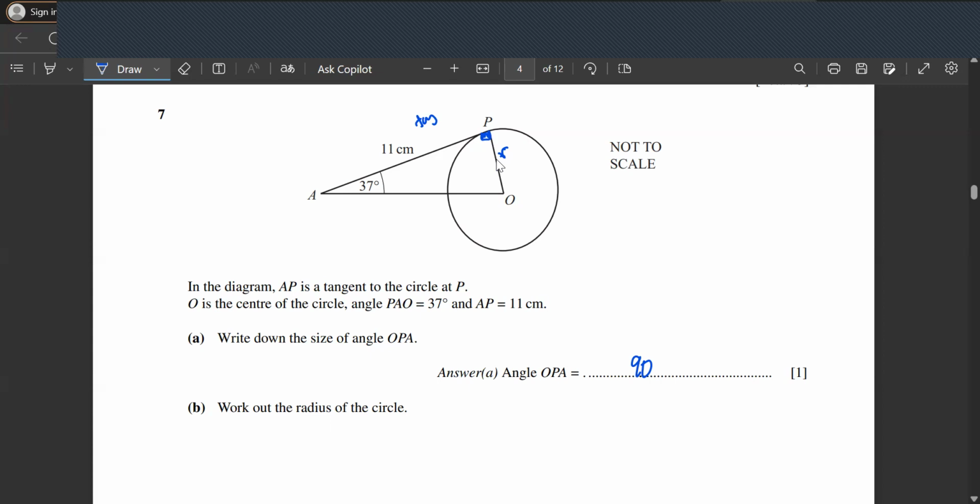Using the ratios. But I want to tell you something. You got that OBA is 90. So go direct here and write this 90 on the drawing, because when you are going to think about another question, your eye will see it is 90, so you can use it.